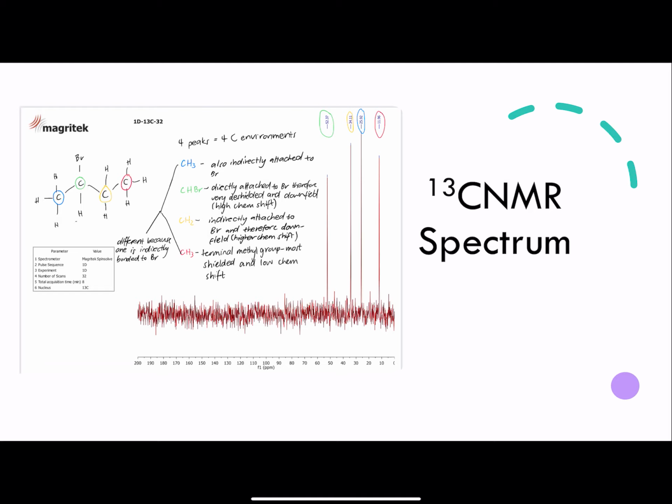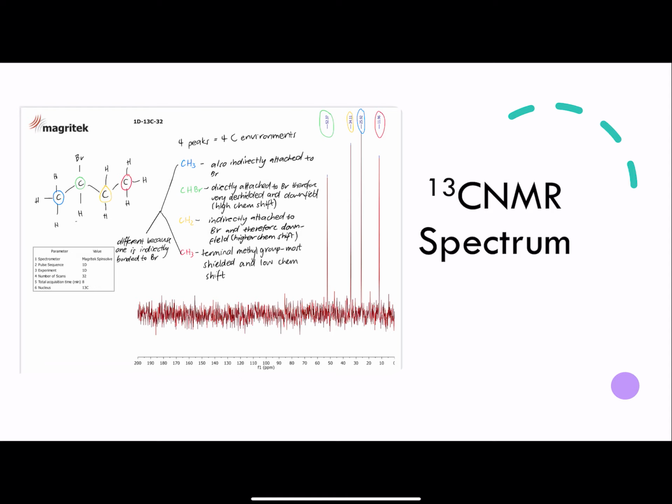The next peak is at 34.11 and coloured in yellow. This corresponds to the CH2 group. This CH2 group is also attached indirectly to the bromine atom, so it is de-shielded and also attached to another carbon, which makes it have a higher chemical shift than the terminal methyl group. The final peak is at 52.37, coloured in green.